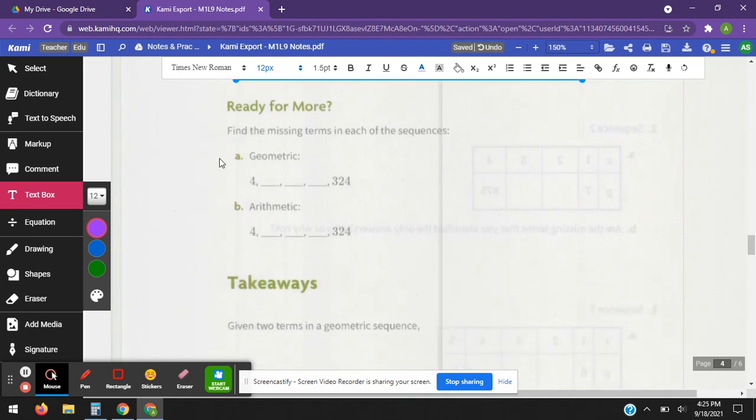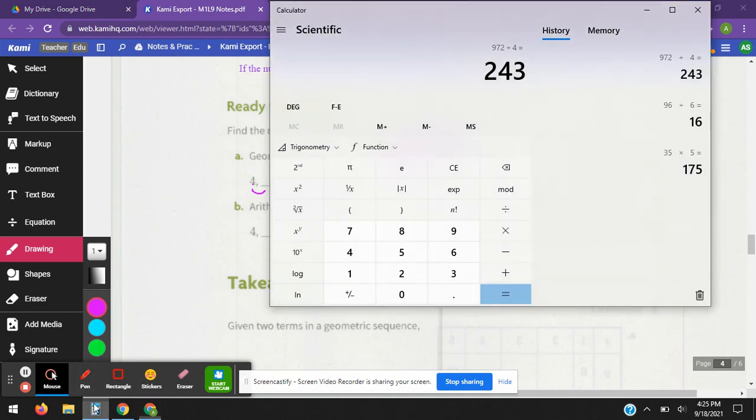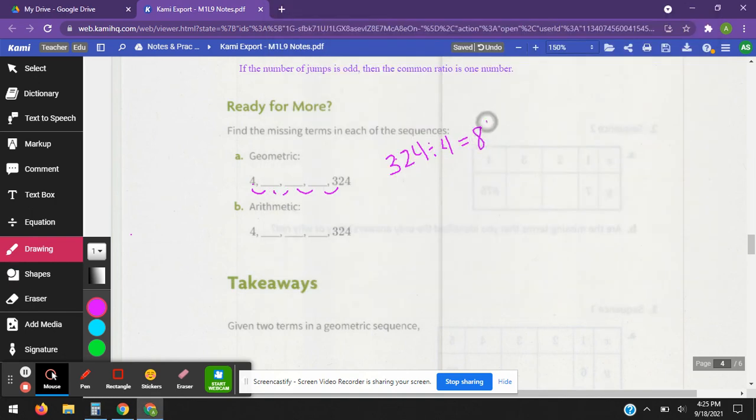So here's some bonus. Let's just go ahead and do these since we kind of have the idea of what we're doing. So without the boxes, I have 1, 2, 3, 4 jumps. So let's try our method. 324 divided by 4 is 81. And I have 4 jumps. So I want the 4th root of 81, and that equals 3.